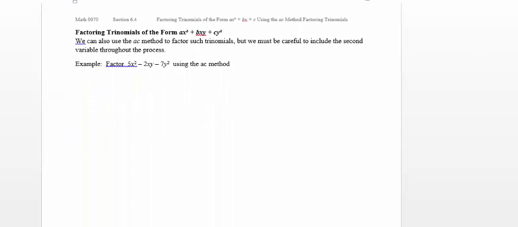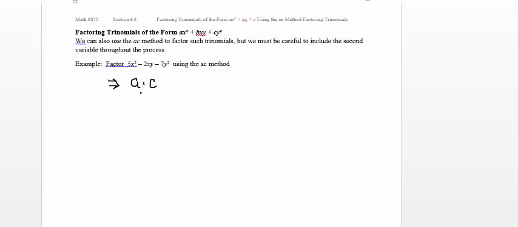All right, so here we want to factor 5x squared minus 2xy minus 7y squared using the AC method. Well, we see the coefficients are the exact same coefficients. So everything is going to work as it did before.